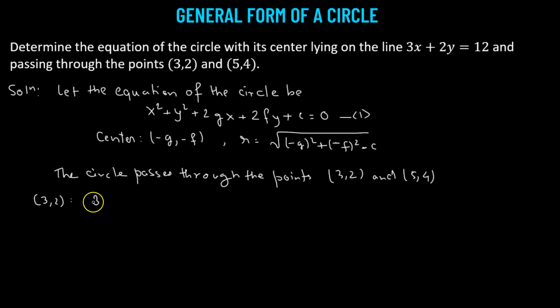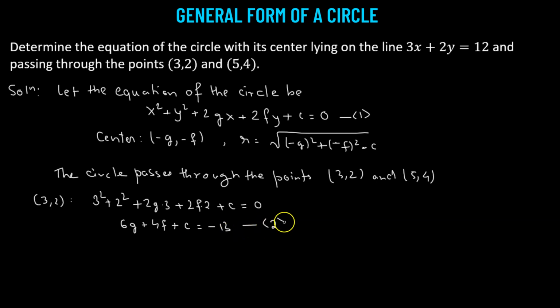We get 3 squared plus 2 squared plus 2g times 3 plus 2f times 2 plus c equals 0. Or we get 6g plus 4f plus c equals, so 3 squared is 9 and 2 squared is 4, so that adds up to 13. We're going to transpose it to the right hand side. Let this be equation number 2.